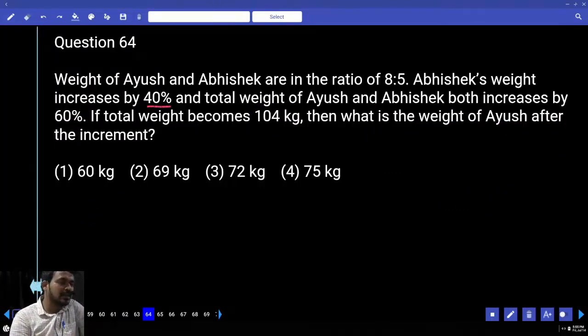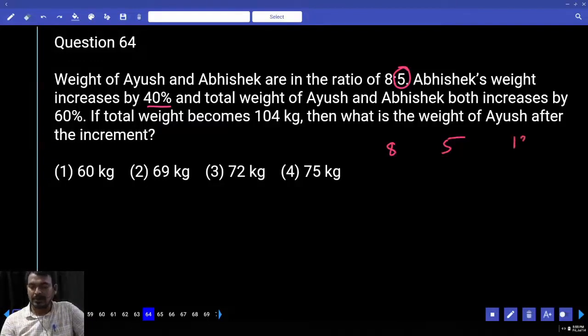What is the second one increased by how much? 40%. What is the second one, how many parts? 5 parts. Means we write 140% of 5 parts. What is the actual ratio? 8:5. Total how many parts initially? 13 parts. On 5 parts, how much percent is increased? 40%. It will become 7 parts.